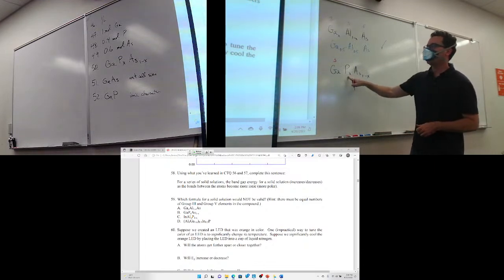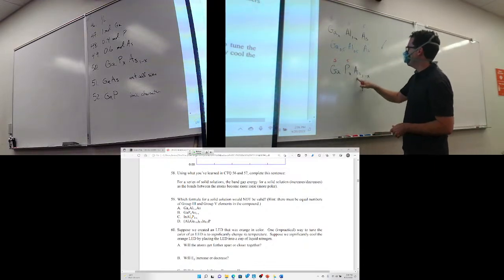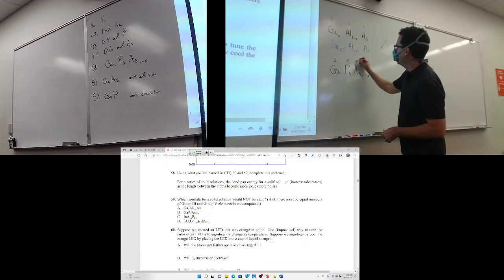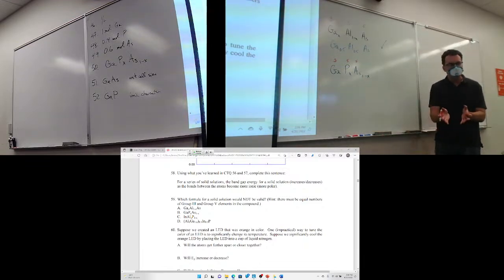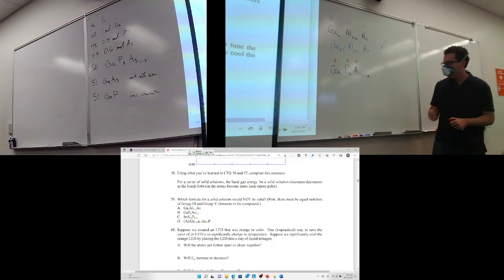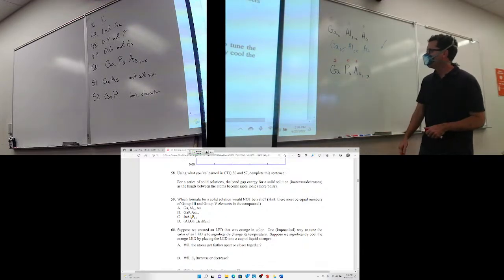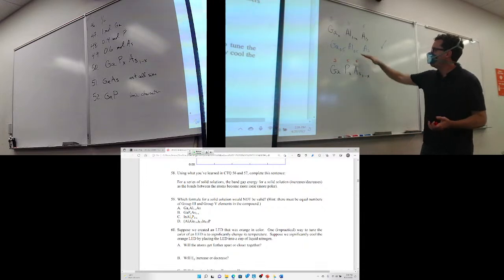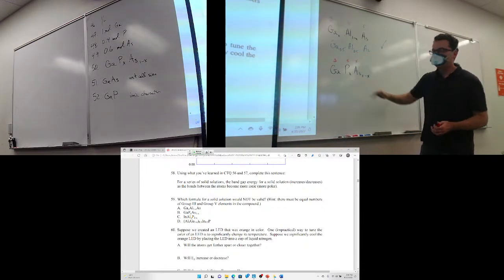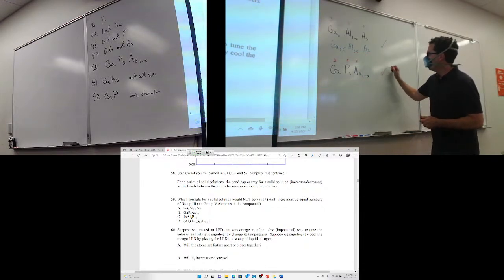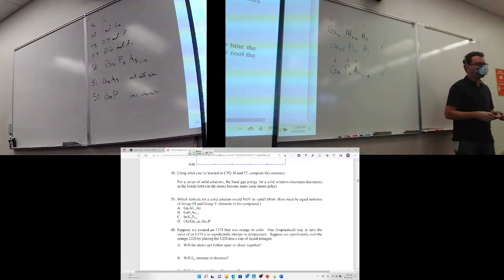Phosphorus is group 5 with 5 valence electrons. Arsenic is also group 5 with 5 valence electrons. So on average, I need to have 4. So one atom of group 3, one total atom of group 5. This works as well. I can plug something in for X and get some numbers just like I did up here. This adds up to 4 valence electrons on average as well.